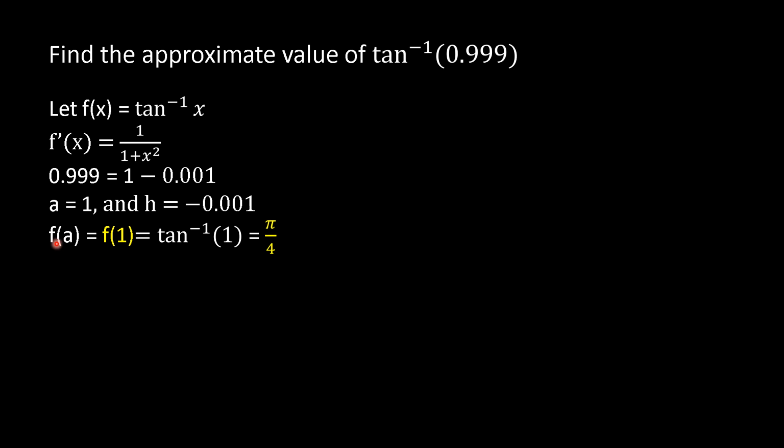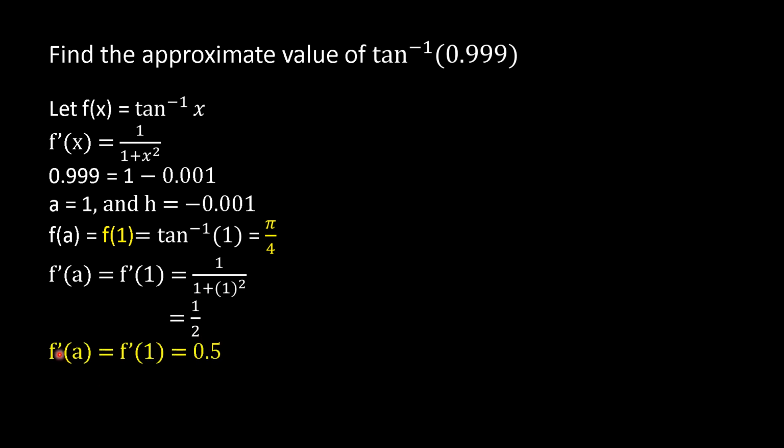Now we have f(a) equals f(1), which will be tan inverse of 1, which is pi by 4. F dash a will be f dash 1, which will be 1 divided by 1 plus 1 squared, which is half. So f dash a equals f dash 1 equals 0.5.